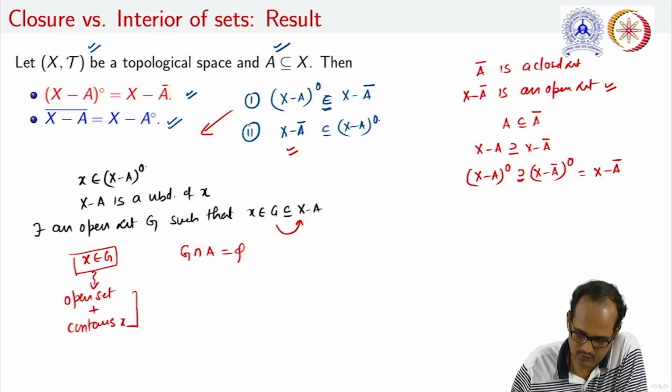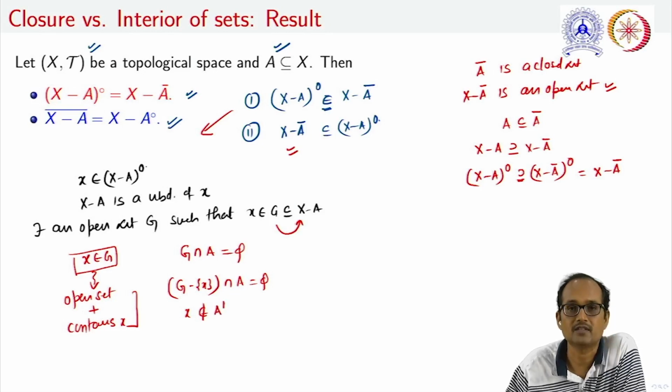And therefore, what we can say from here is that even G minus the singleton set {x}, intersected with A, is an empty set, or x is not an element of the set of limit points, that is, x does not belong to A dash.